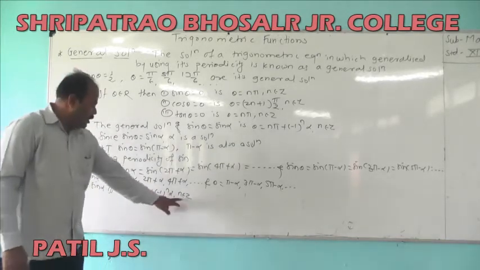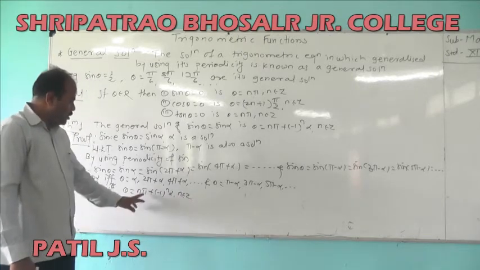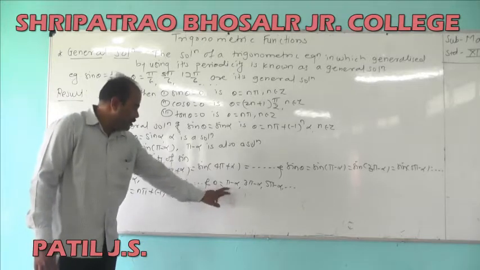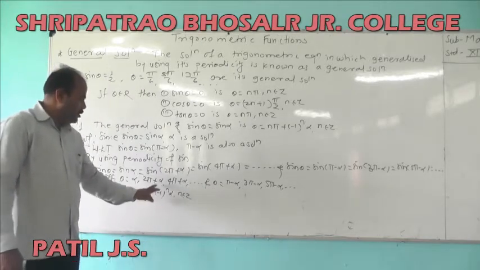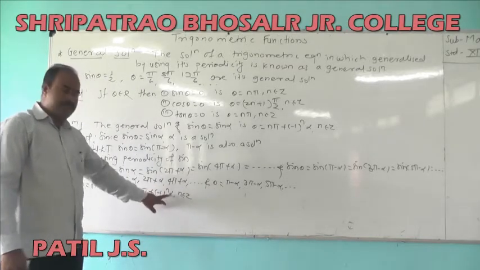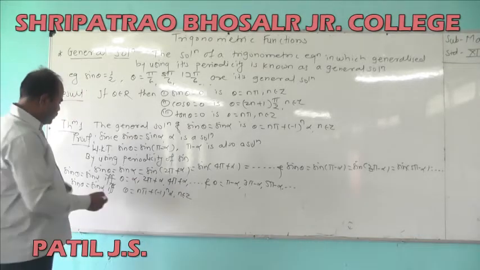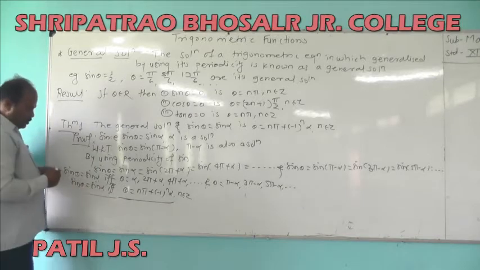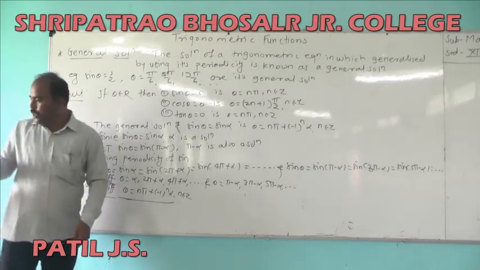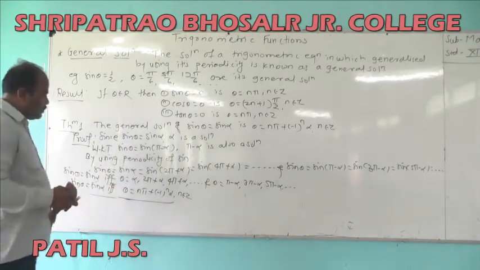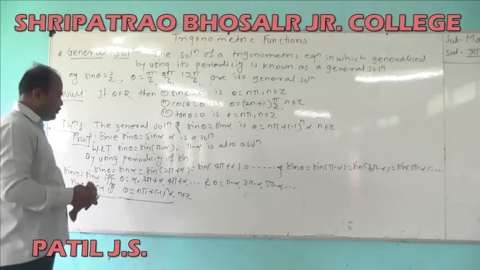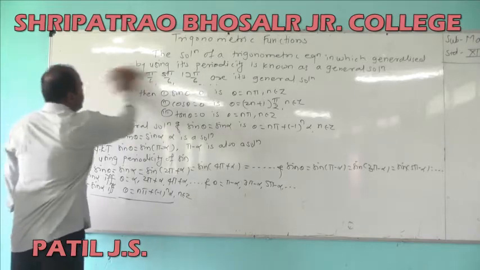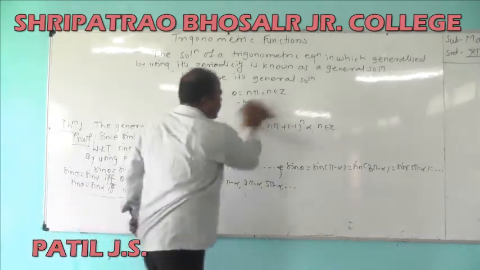Suppose n is 1, that gives pi minus alpha. If n is 2, then minus 1 squared is plus, giving 2 pi plus alpha. Hence sin theta is equal to sin alpha gives theta is equal to n pi plus (minus 1) raised to n into alpha. This is the first theorem. Next theorem is for cos theta.